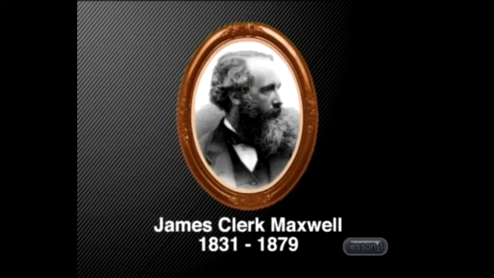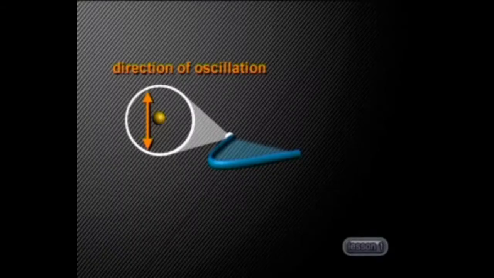A model that was first stated by a 19th century Scottish physicist by the name of James Clerk Maxwell. Maxwell said that when a charged particle moves from rest to a higher level of energy and back down again, in other words, when it oscillates, a changing magnetic field forms around the charged particle.